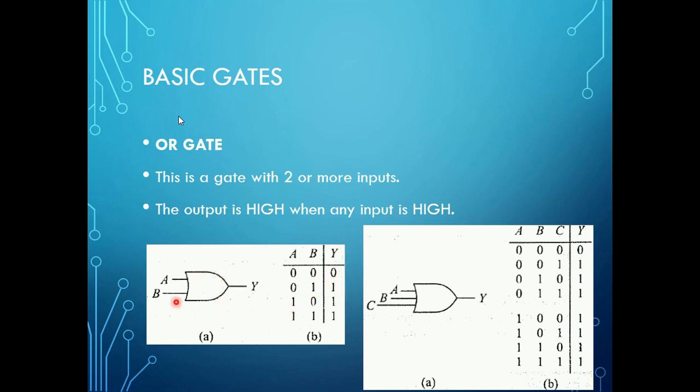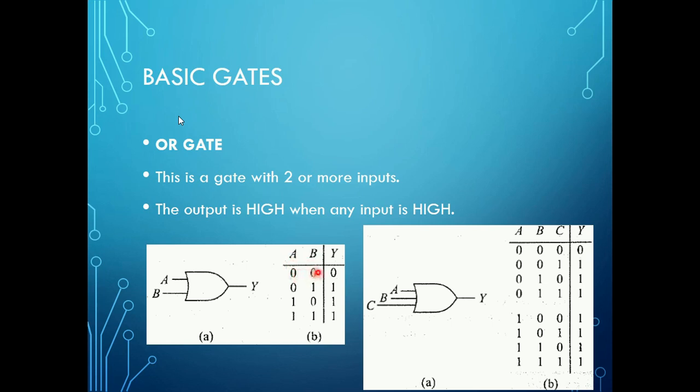This is the logical representation of the basic OR gate. A is the input, B is the input, and Y is the output. You can see the symbol is quite different from the AND gate. Let us see the truth table of the 2 input OR gate. A, B is the input.